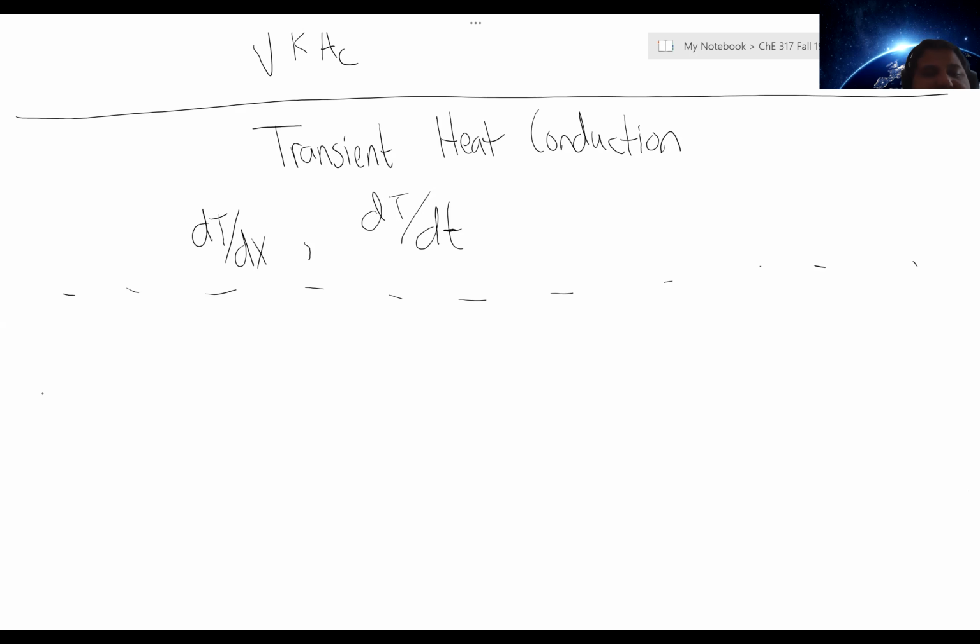The first special case that we consider is where lumped system analysis can apply.